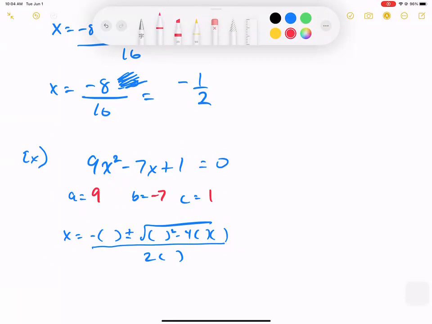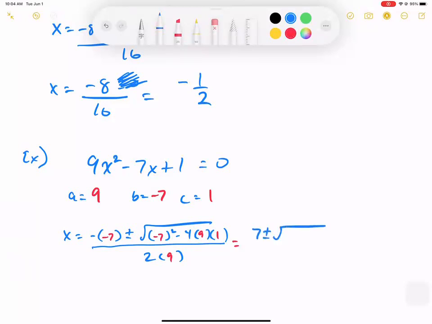So x equals negative b plus or minus the square root of b squared minus 4ac, all over 2a. Okay, so you can use a calculator here. Negative b is a positive 7, plus and minus the square root.